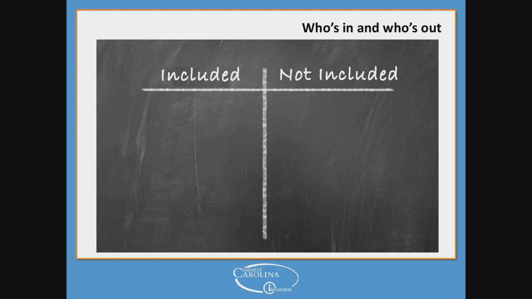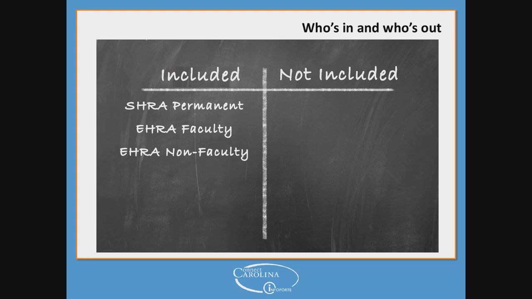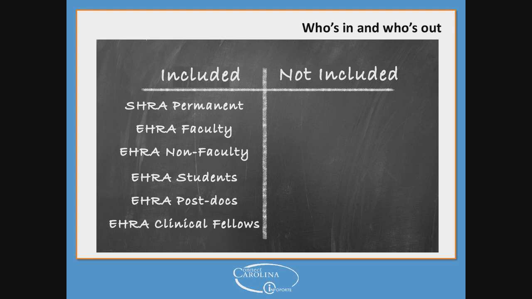So using our March Madness theme, coming off of basketball season, we're going to go with who's in and who's out. So the employees that are included in salary projection, so these are the employees that we are projecting for, are SHRA permanent employees, EHRA faculty, EHRA non-faculty, and then EHRA students, EHRA postdocs, and EHRA clinical fellows.